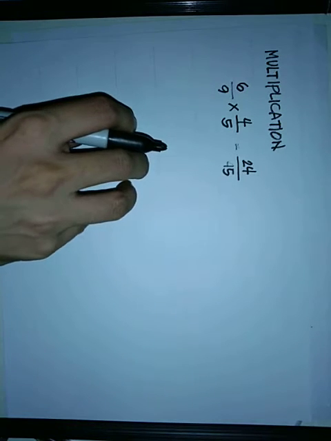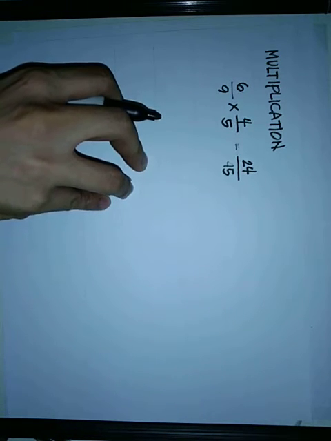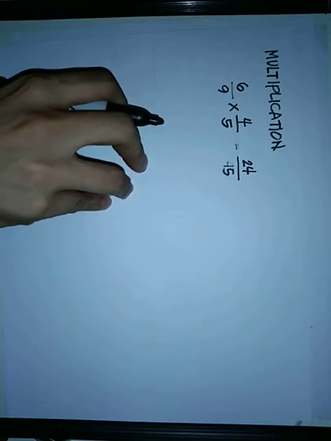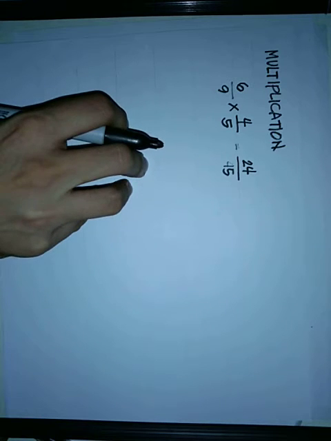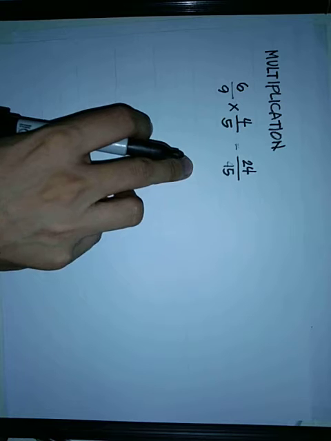So ang sagot natin is when we multiply 6/9 by 4/5, it will be equal to 24/45. But this answer can be simplified, can be put into its lowest term.